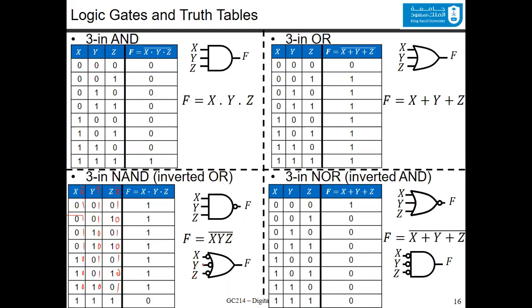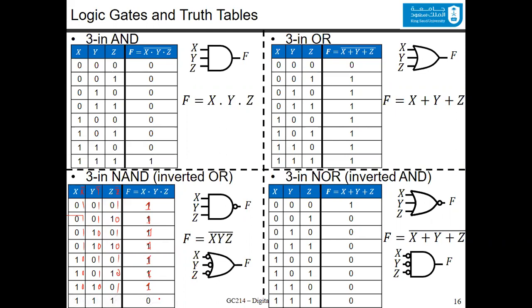Now, after we generated x bar, y bar, and z bar, you will do the OR operation. So the OR operation of the red values, 1 or 1 or 1, is going to be 1. It's also going to be 1. As long as you have 1 in the red value, the result is going to be 1. The only value that has a 0 at the output is when the x bar is 0, the y bar is 0, and the z bar is also 0.